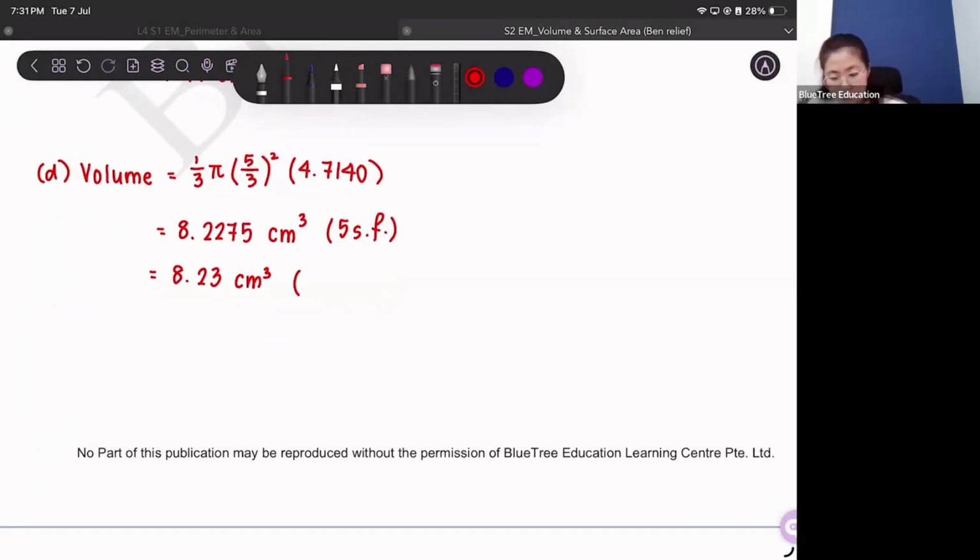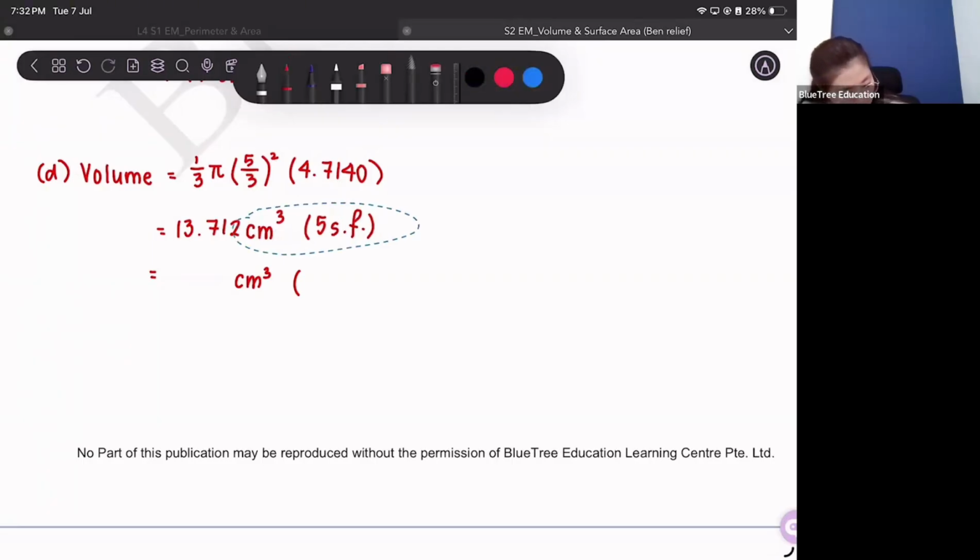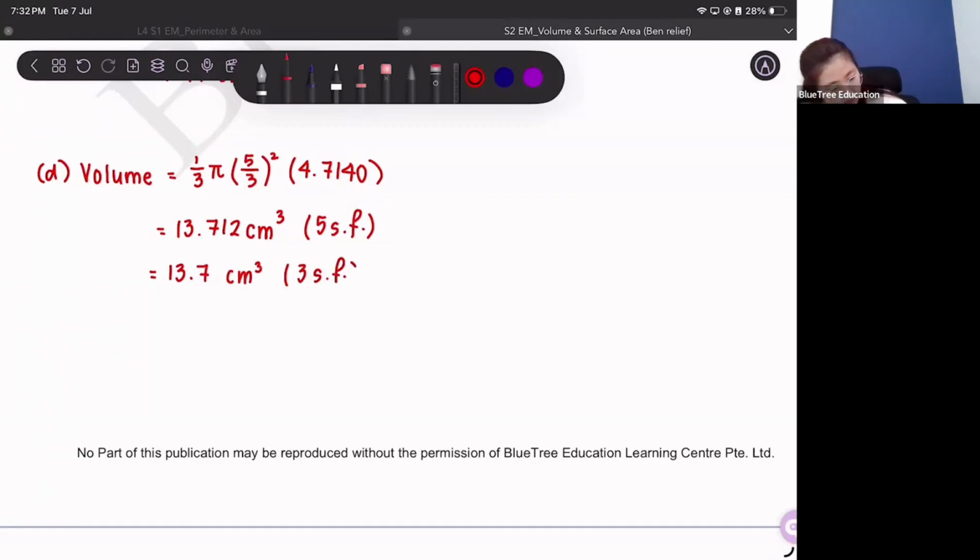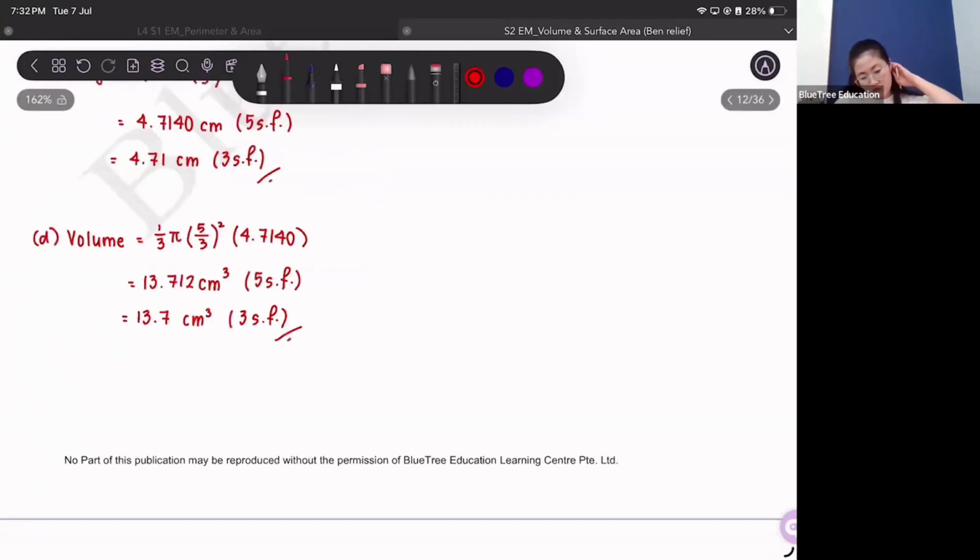I made a mistake. I forgot to square. So the answer is 8.7 cm cubed. And this is my answer.